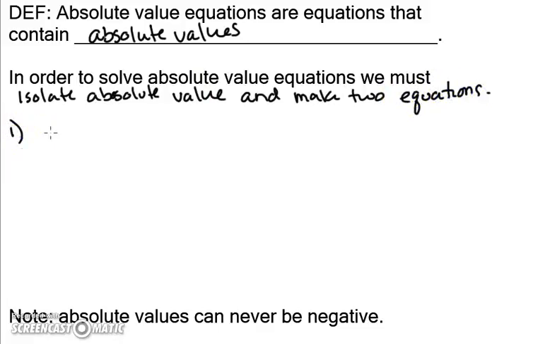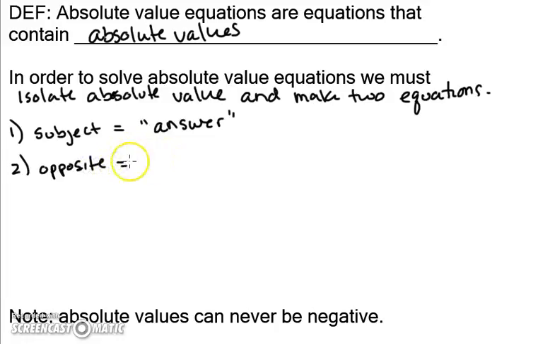The first equation is going to be the subject equal to, we're going to call it the answer, but it's not really the answer. And then the second one is going to be the opposite of the subject equal to, again, we'll call it the answer, but it's not really the answer. And then we're going to solve those, and we need to check solutions for extraneous.